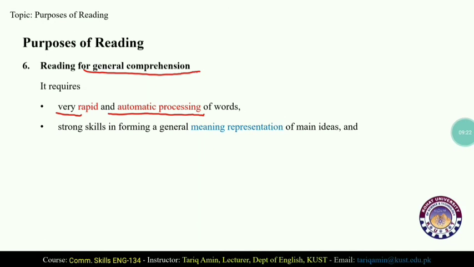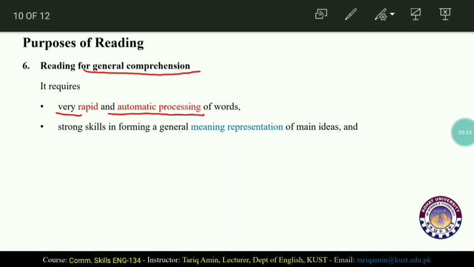Yes, we automatically process different words and we process them very rapidly. It requires strong skills in forming a general meaning representation of the main ideas. You should be skilled in forming the general meaning representation of the ideas.